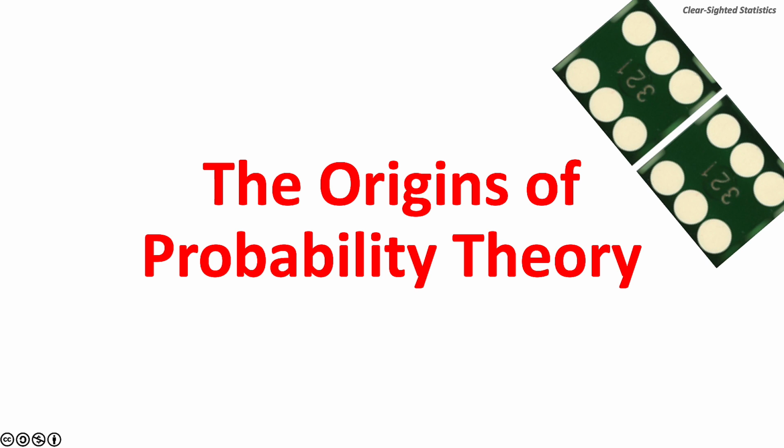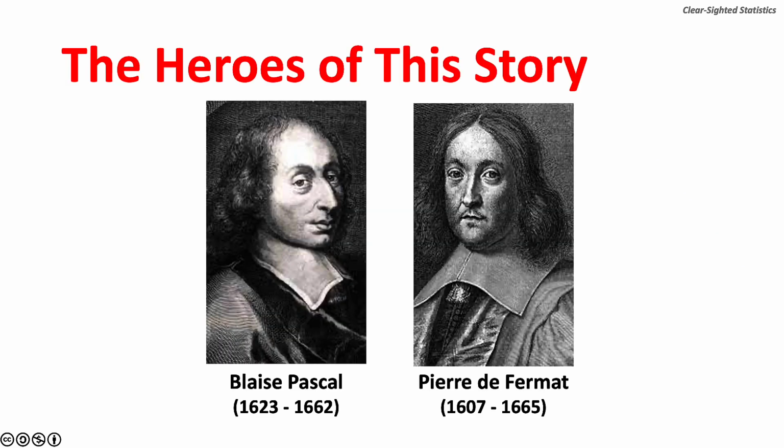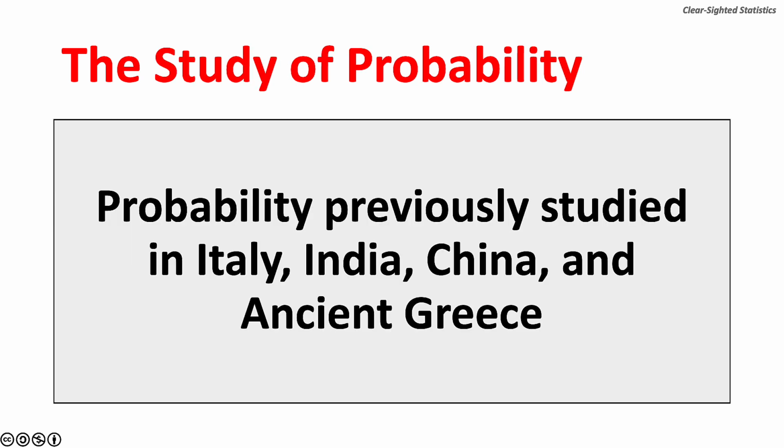Let's turn to the origins of probability theory, which was developed in the 17th century to answer a question about a dice game. The heroes are 2 17th century French mathematicians, Blaise Pascal and Pierre de Fermat. When asked about a contemporary dice game, Pascal consulted de Fermat, and in doing so, these mathematicians are credited with codifying the foundations of probability theory.